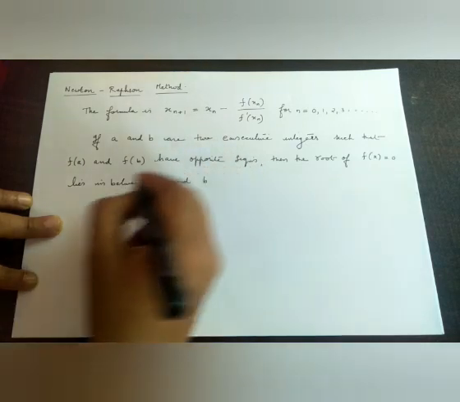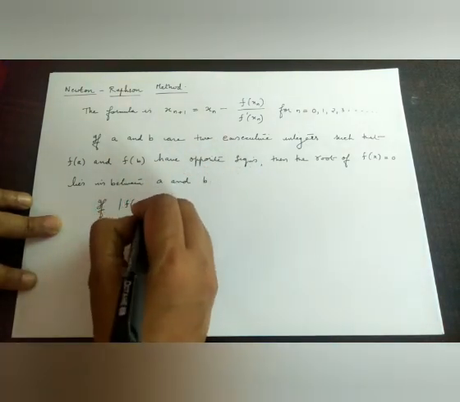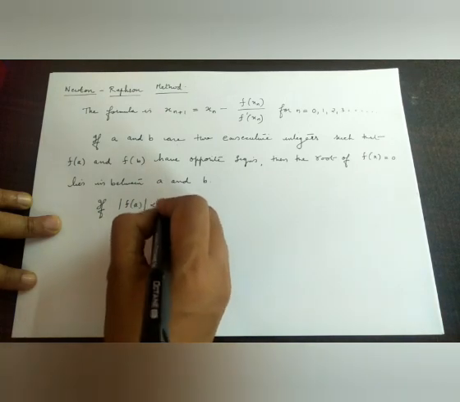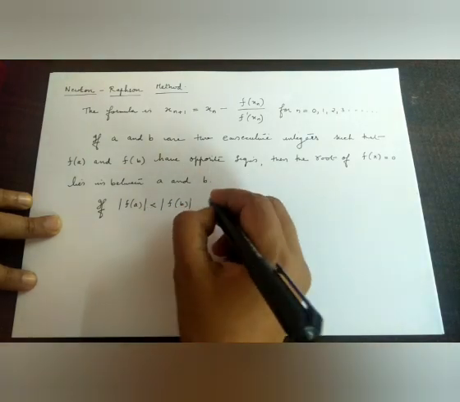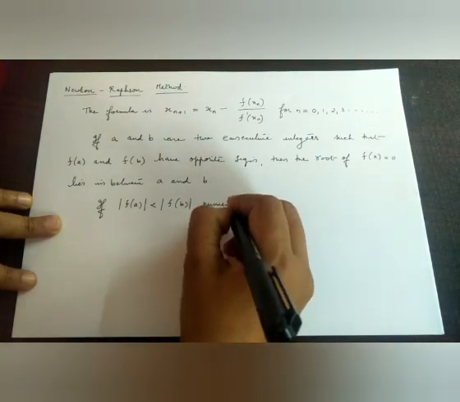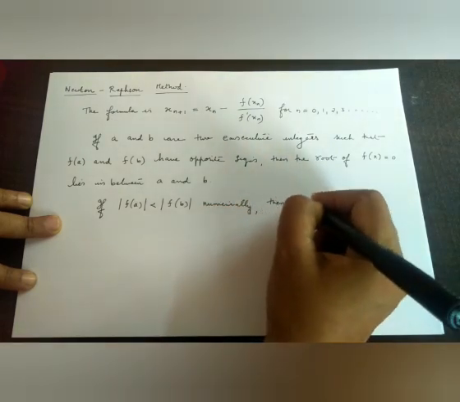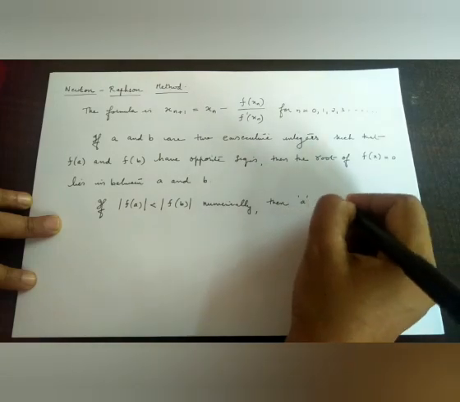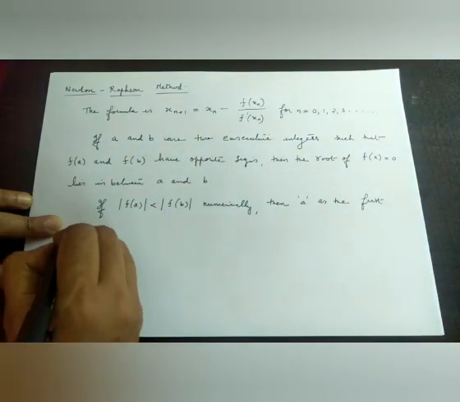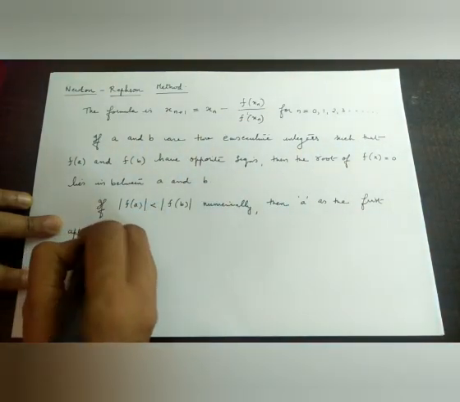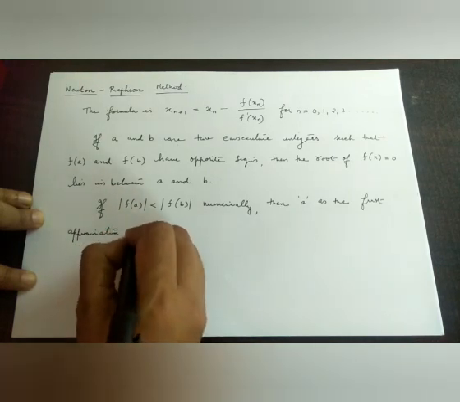Then, suppose mod f(a) is less than modulus of f(b) numerically, then we will take a as the first approximation of the root.